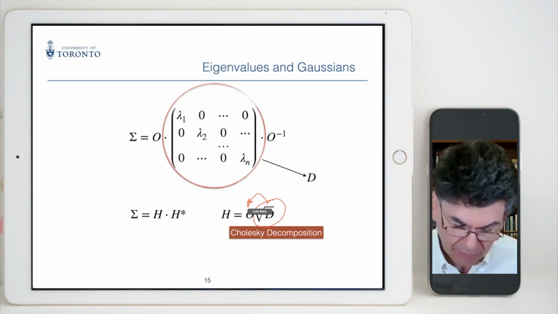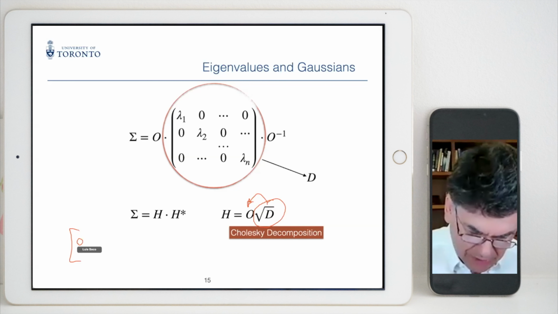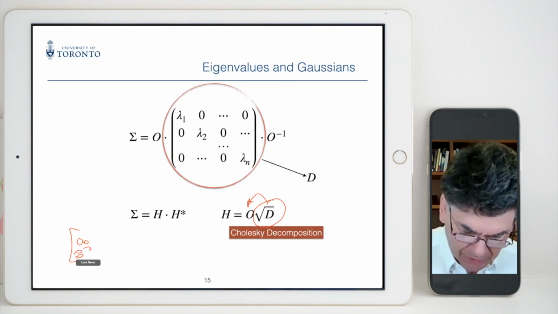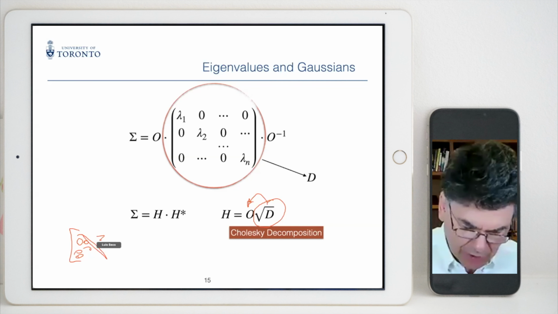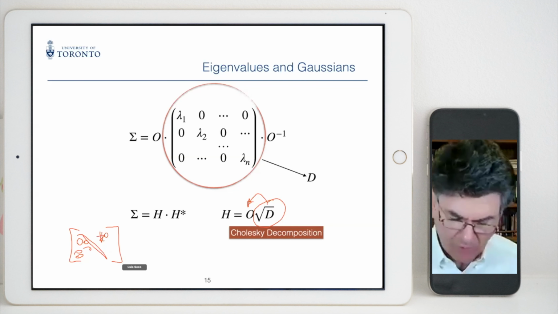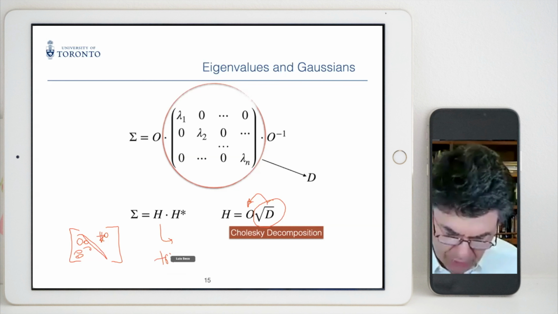The result is a matrix which has zeros below the diagonal, then it has a diagonal, and it has elements which are non-zero away from the diagonal. So this is what's called a triangular matrix.